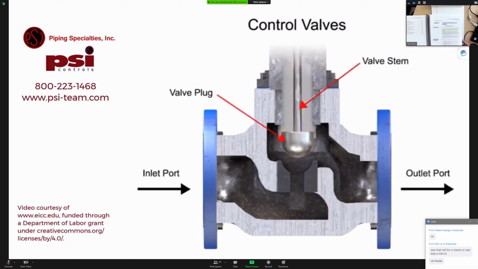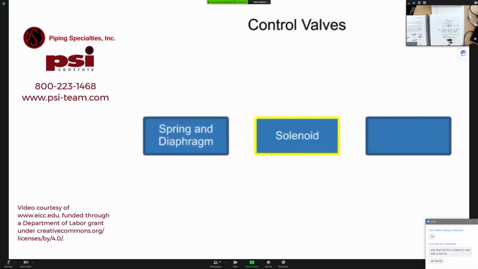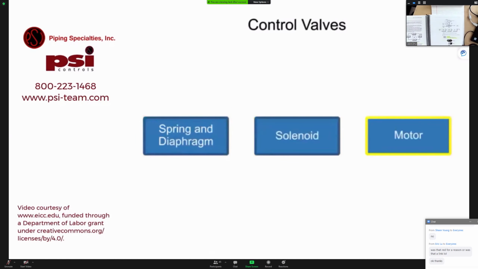The valve actuator is the component that physically moves the restrictor to vary the fluid flow. Three actuator types are used in control valves, and they include spring and diaphragm, solenoid, and motor.